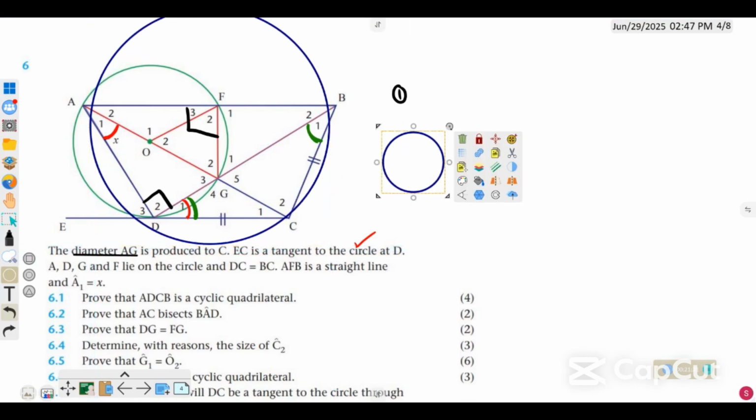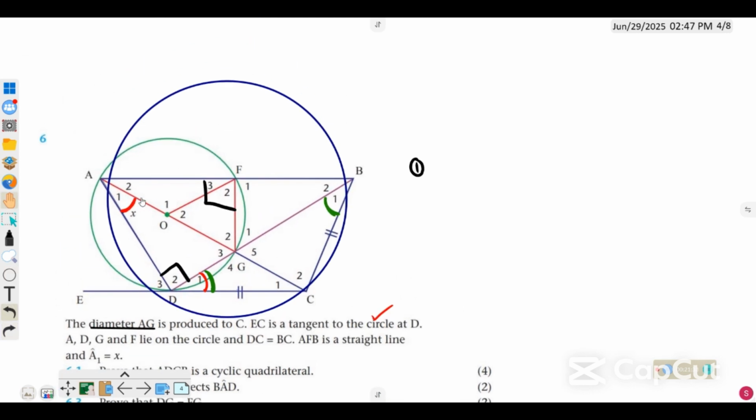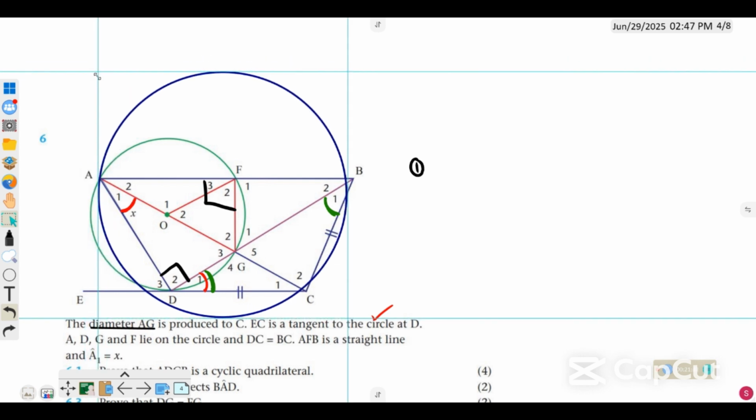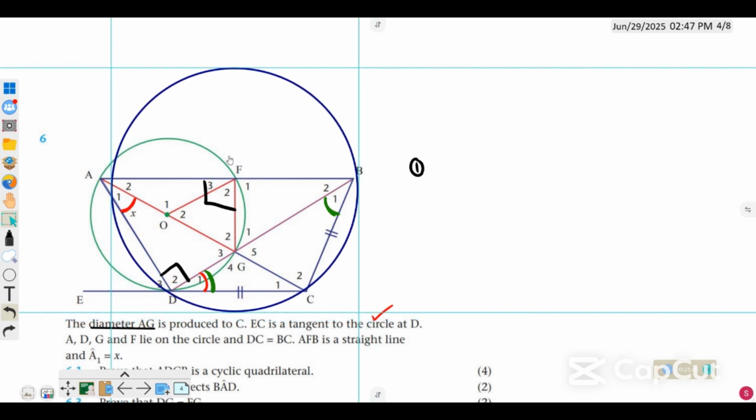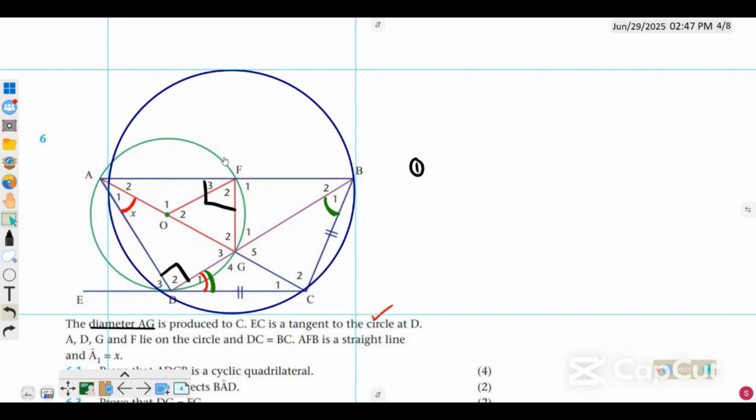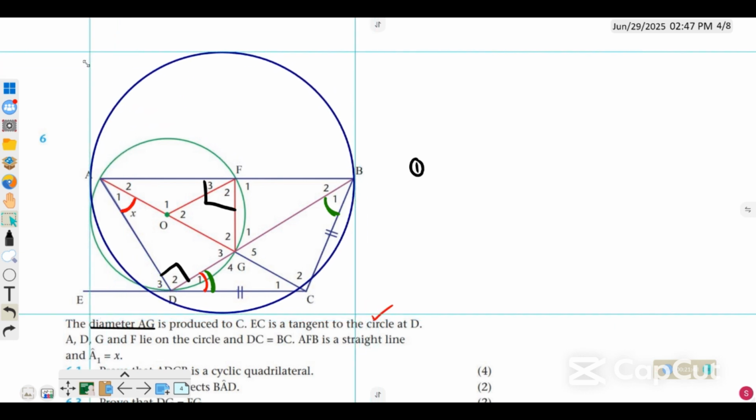For me it's going to be easier because I'm using inbuilt functions, but for you with the pen, you won't know where the center is. That's the issue. So I can just move this around until it fits all the corners there. Let me see if I'm able to accommodate this.